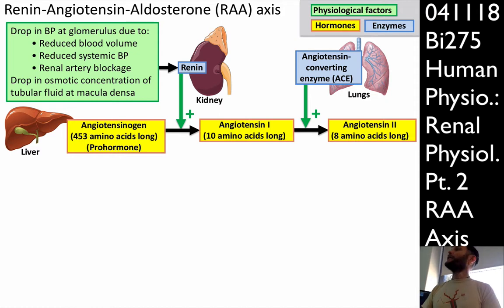So let's begin. The liver constitutively produces angiotensinogen. In general, when you see the name of a protein and the name of the protein ends in something like -ogen, that is a tip to you that the protein in question is not in its fully active state.